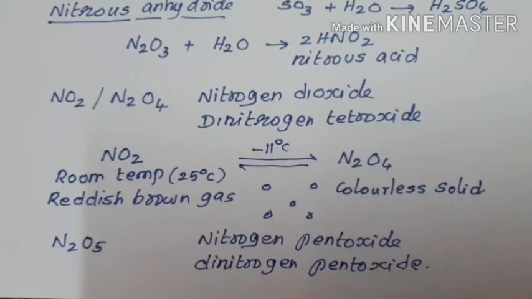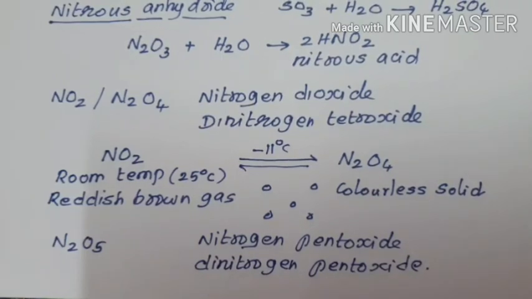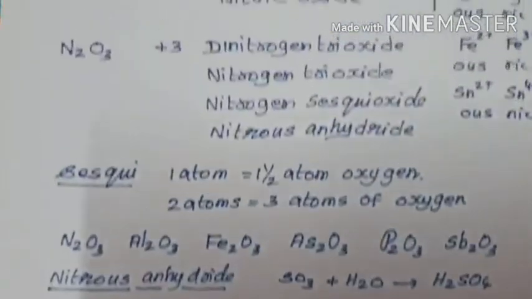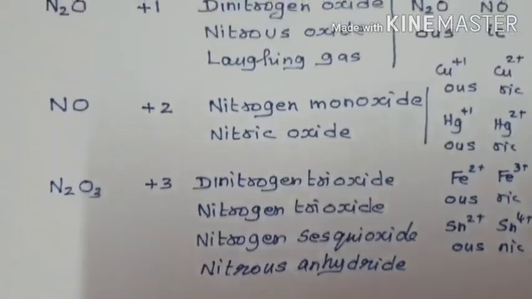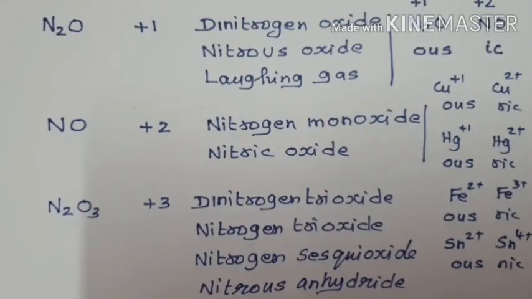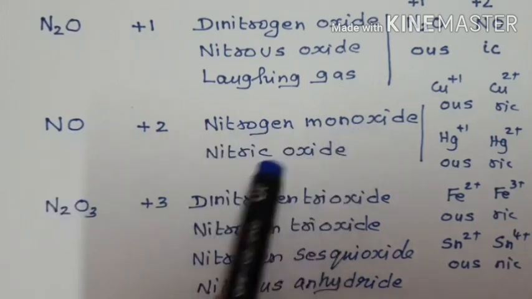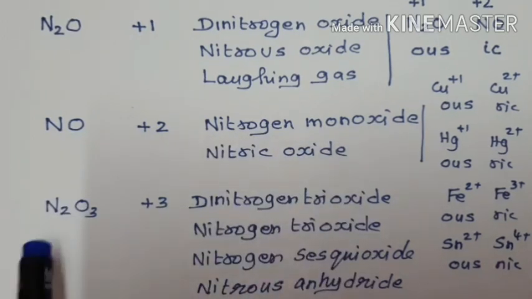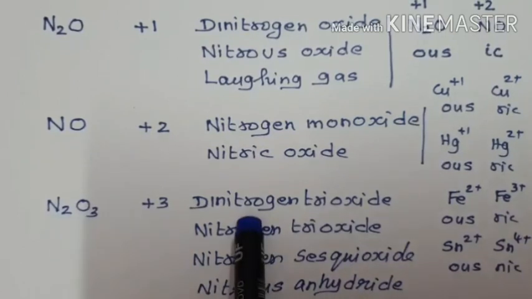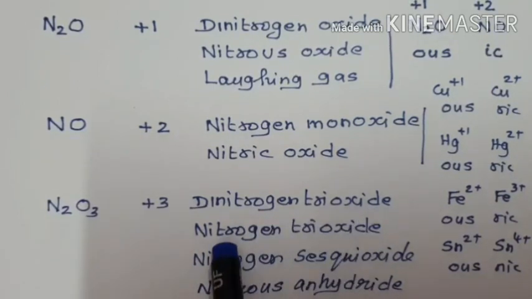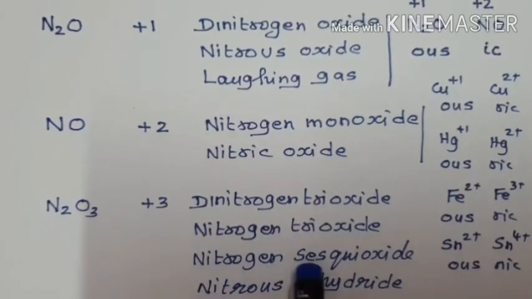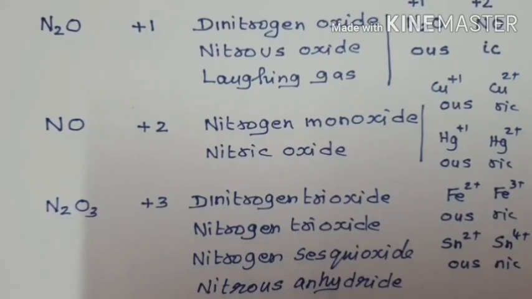So now you know how to give names for the oxides of nitrogen. First oxide is nitrous oxide, dinitrogen oxide, laughing gas. Then NO is called nitrogen monoxide or nitric oxide. N2O3: dinitrogen trioxide, nitrogen trioxide, nitrogen sesquioxide, nitrous anhydride.